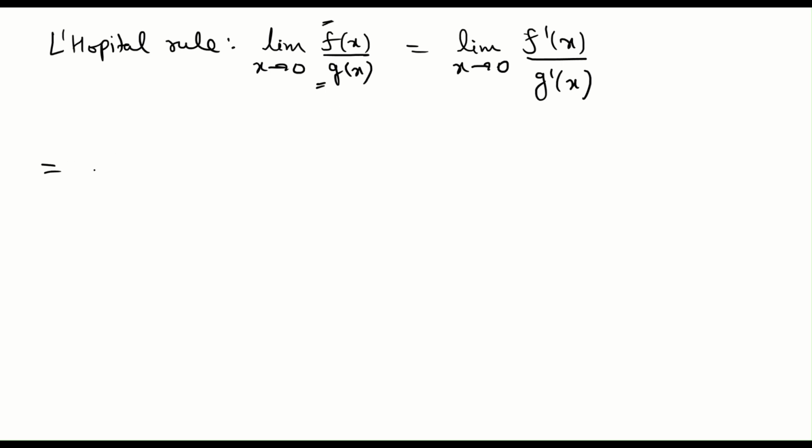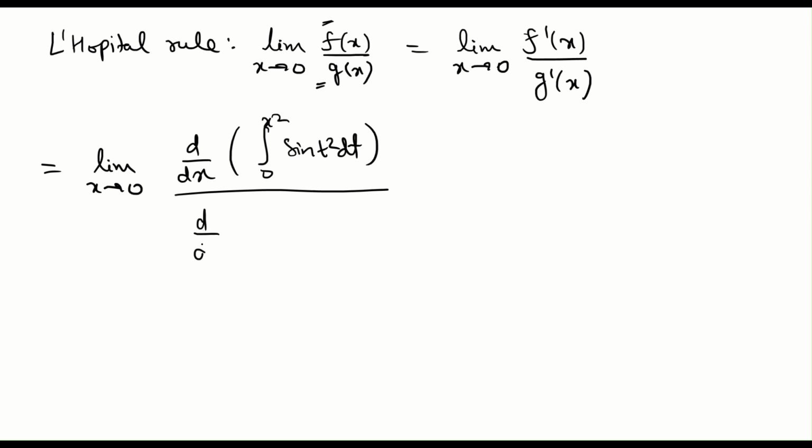So in our case, we can do the same process. Limit x approaches 0, we can take the derivative of the numerator and we can take the derivative of the denominator separately and then evaluate the limit. The derivative of the numerator is something that can be calculated using the Leibniz theorem that we just saw.